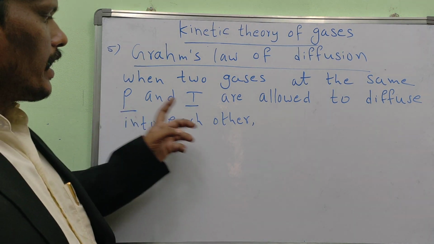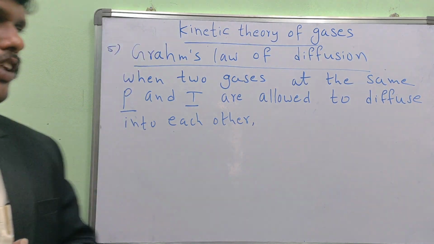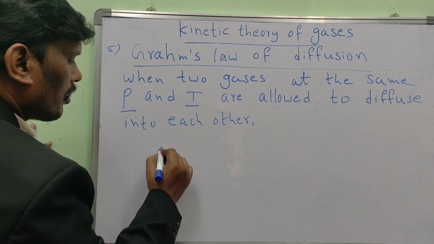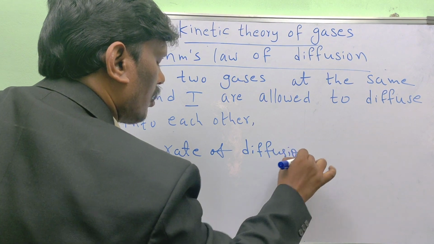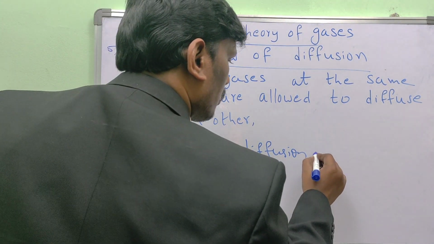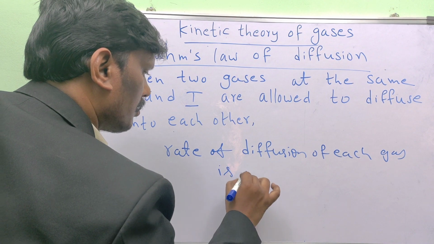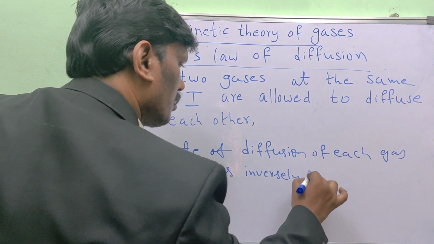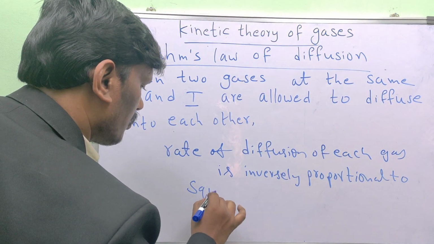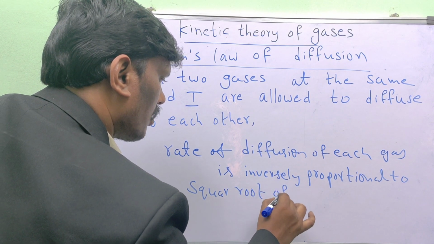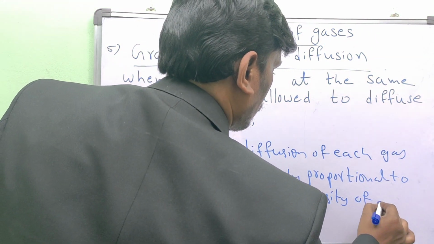The rate of diffusion of each gas is inversely proportional to the square root of the density of the gas.